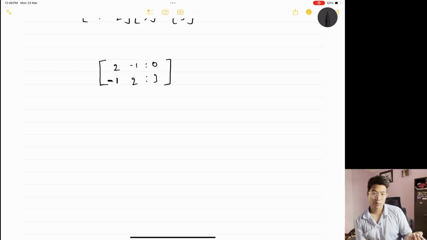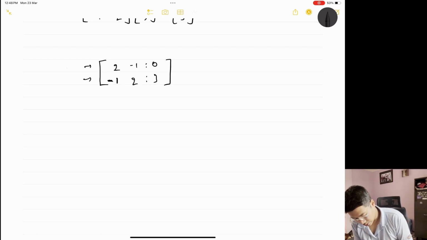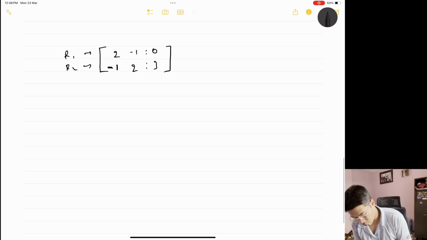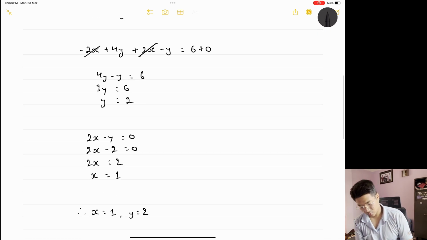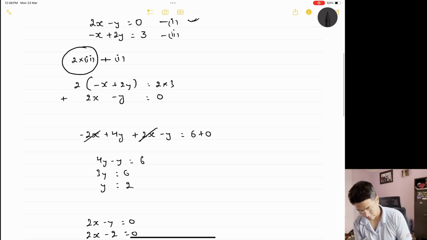So how do I do that? We already know how we do it. Let's say that this is my row 1, this is my row 2. What I want to do to my row 2 is make my row 2 equal to 2 times row 2, because that's what we did over here, if you remember.